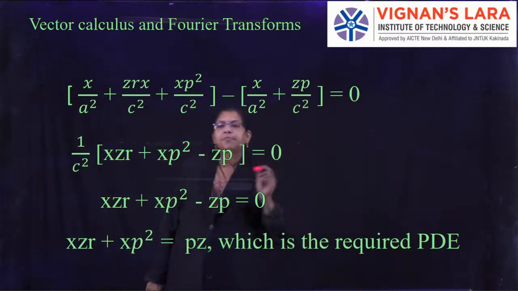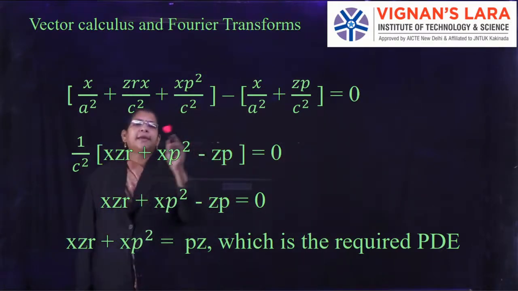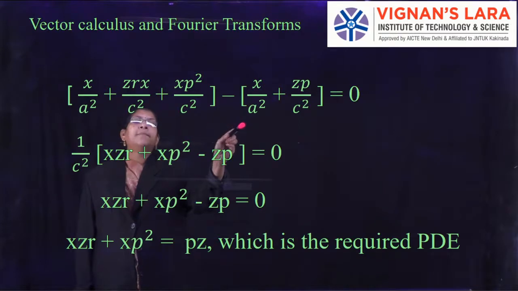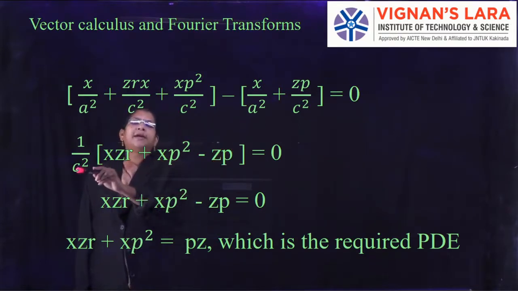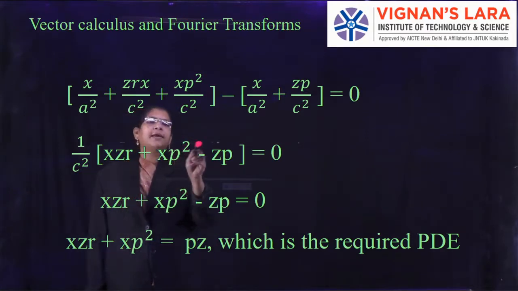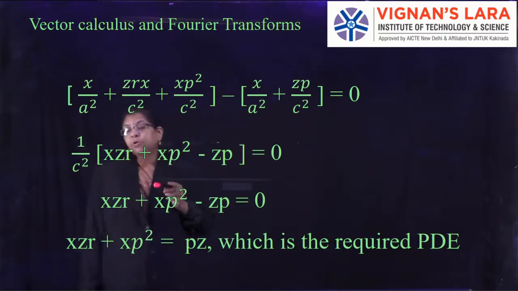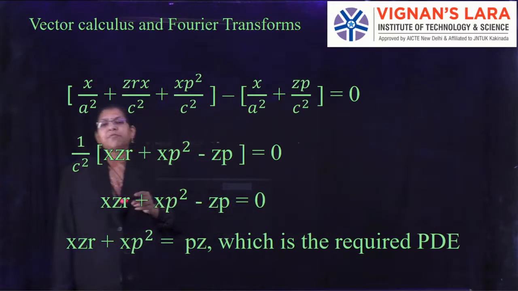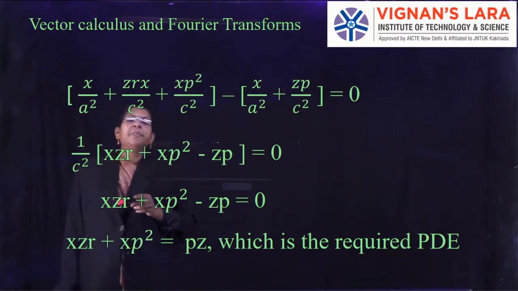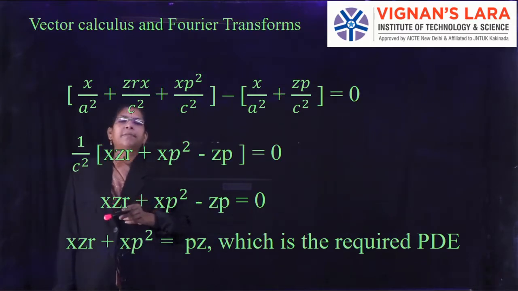Now x/a² minus x/a² will get cancelled. 1/c² is common in each and every term. Then what will you get? zrx plus xp² minus zp equal to 0. Now you can cross multiply c² to the RHS; 0 into c² will become 0.